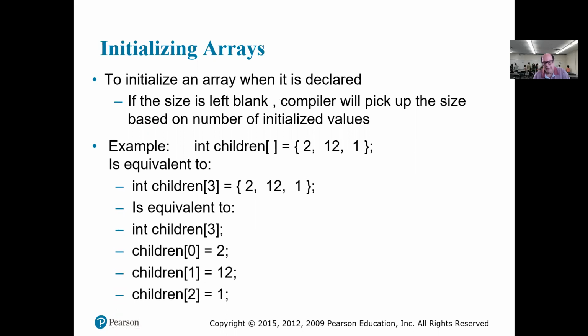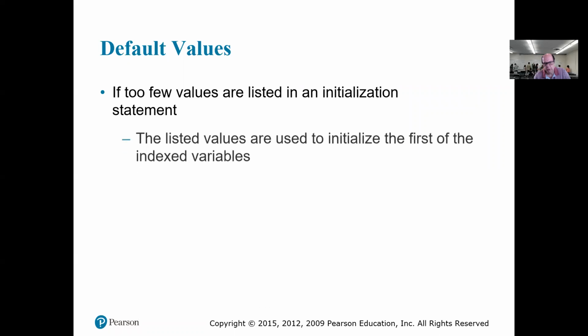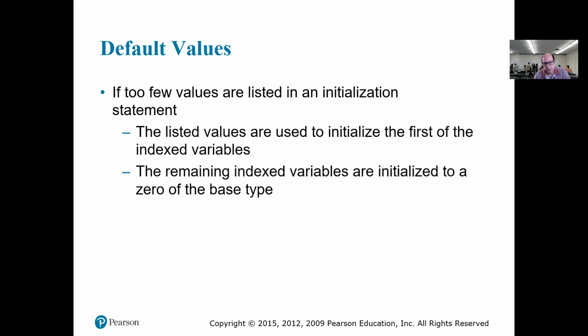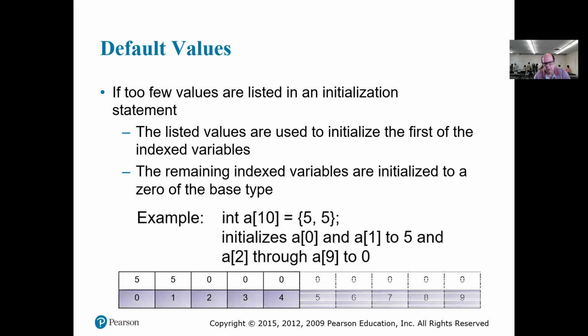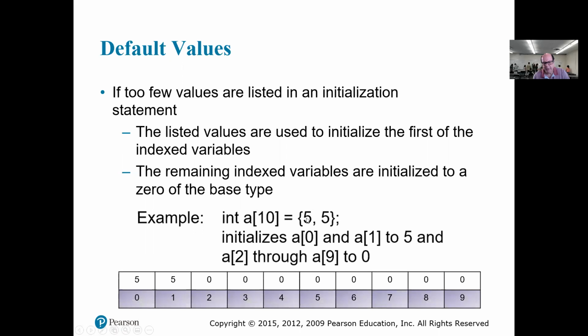Now, what about if we put a number, but the initialization has fewer values than that? In that case, it's going to use whatever I have here at the beginning of my array, and it's going to put 0, the default value, for the rest of it.